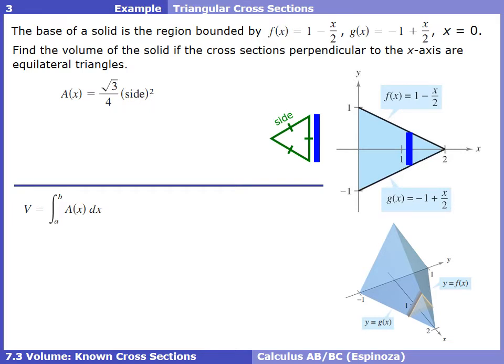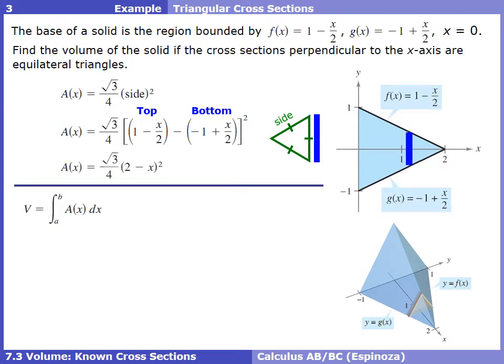To do that, just like you saw on the last slide, because we're dealing with a vertical rectangle, we just need to take the top of whatever it's touching and subtract away the bottom of whatever the representative rectangle is touching. In this case, the top of the rectangle is touching our top function f, and the bottom is touching the bottom function, which is g. This actually simplifies quite nicely, even though it looks like a mess.